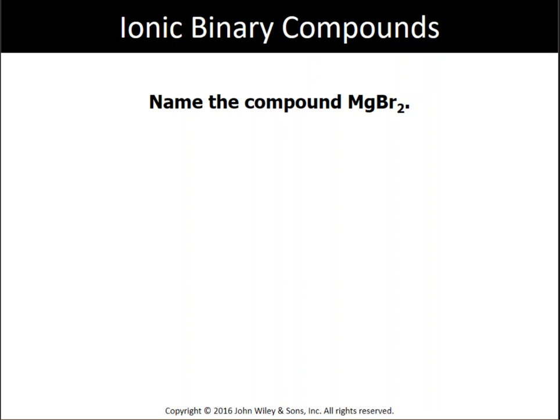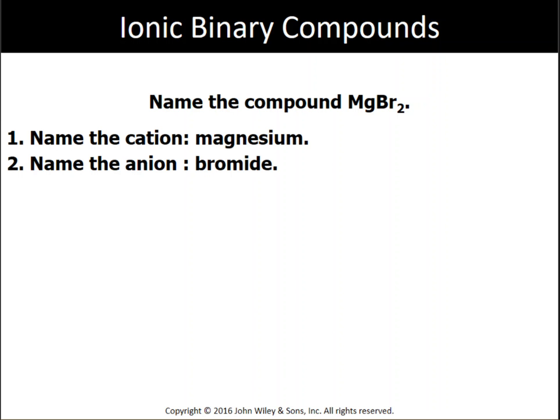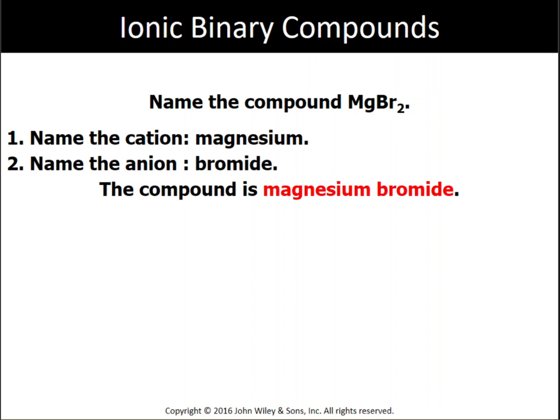Is it ionic or not? Since this is composed of a metal and non-metal, it is ionic. Now, is your metal a main group metal or a transition metal? Magnesium is a main group metal, so it has a fixed charge. To name this, you first name the cation, magnesium, followed by the name of the anion, which is going to be magnesium bromide.